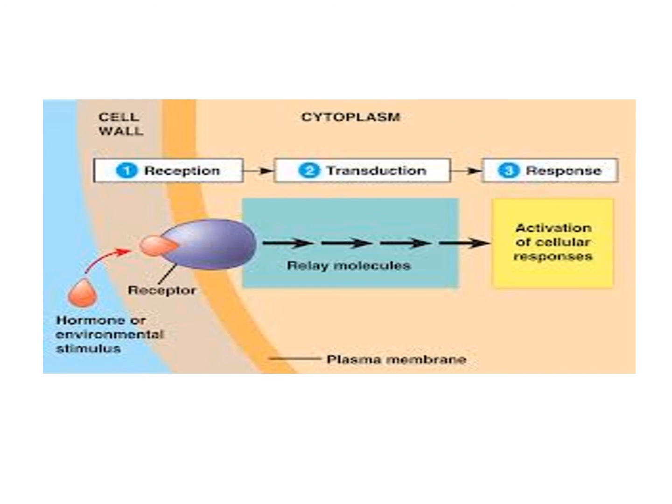All right. So these pathways can be quite complex. Here is a simplified diagram of that type of pathway. All of these pathways begin with a ligand and a receptor. So a ligand is going to bind with a receptor, and we call that step reception.